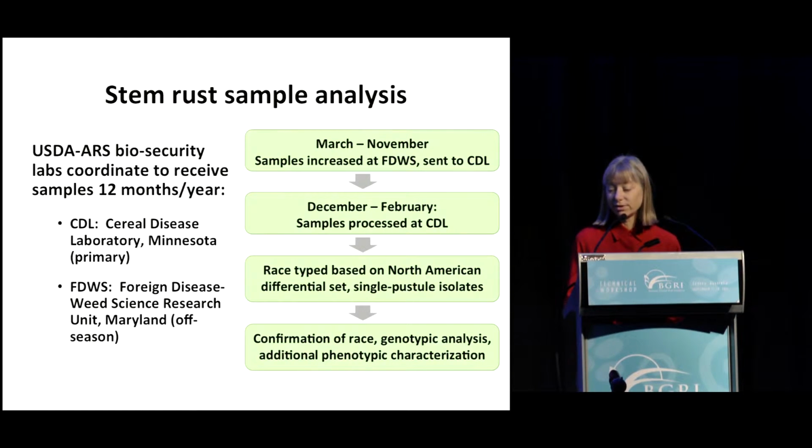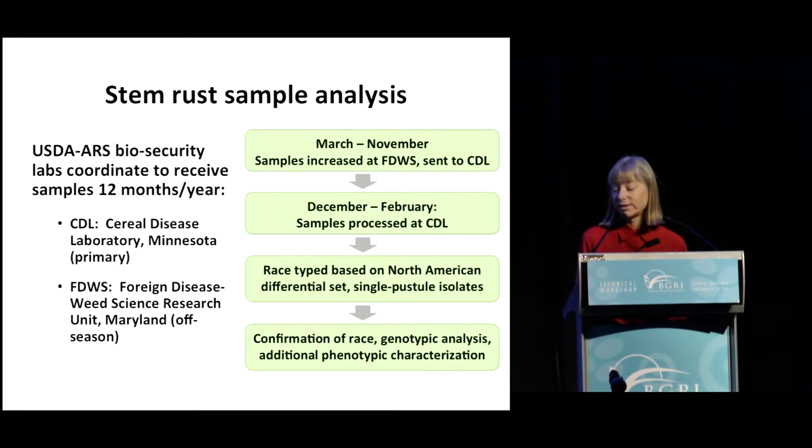The Foreign Disease Weed Science Research Unit in Maryland receives samples in the off-season. During March to November, samples are received and increased at FDWSRU in Maryland. This capacity to increase samples immediately after receipt has greatly increased the chances of viable samples.